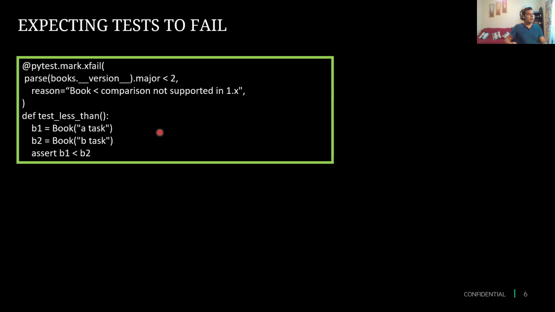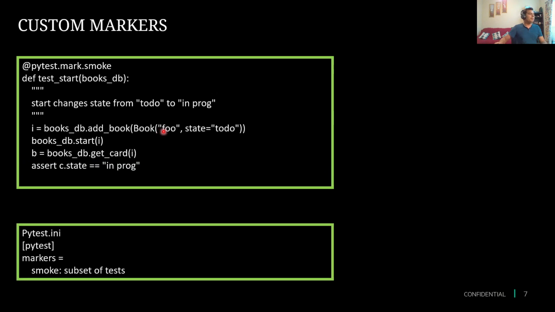But let's keep moving and talk about custom markers. So far we have been talking about how to use built-in markers, and now we'll be talking about how to create our own markers. Many times we would have heard of smoke, sanity, regression. These are the different categories which are frequently used in the testing community.